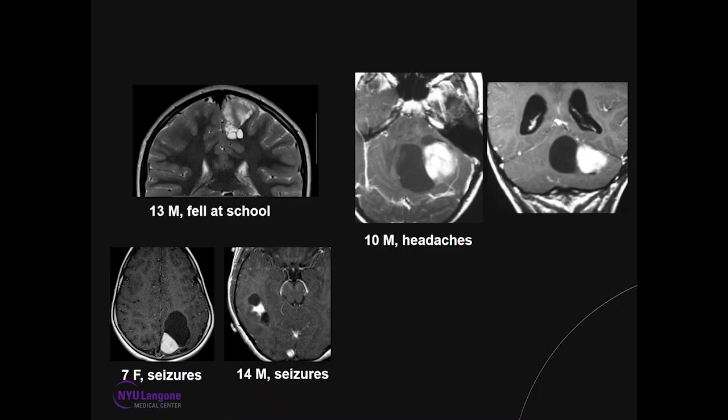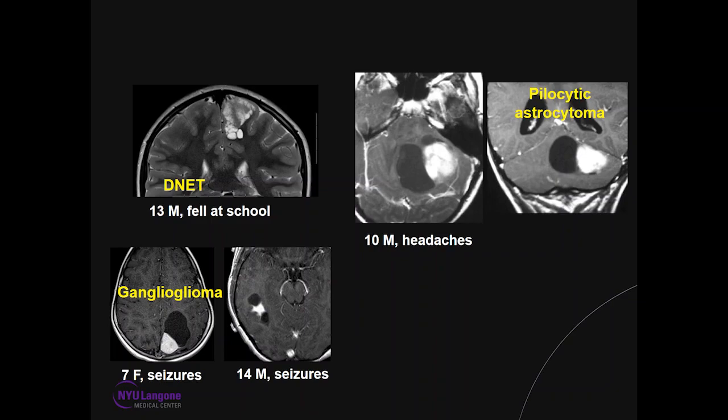Now, the last category I'm going to talk about is your WHO grade 1 tumors. The majority of these occur in younger patients, young children, usually incidentally found or maybe presenting with seizures. As you can see, in 4 different cases, the majority of them either have a cyst or a cyst with a mural enhancing nodule, and these are the ones we categorize as WHO grade 1 tumors.